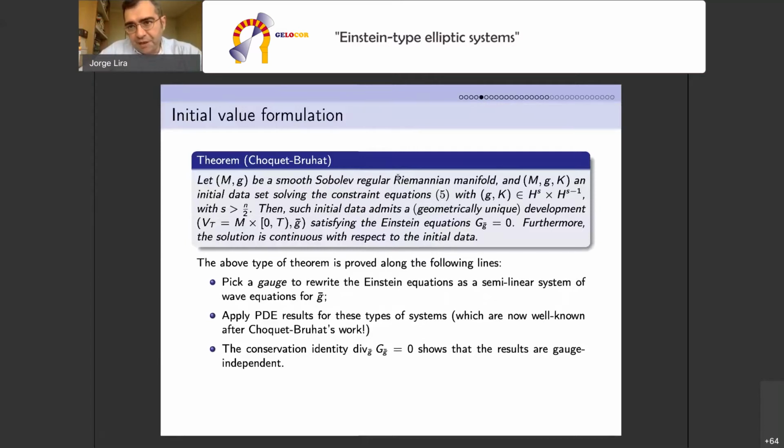If you start with some remaining manifold M, G in some Sobolev class, and if you pick up this data G and K as data that satisfy the constraint equations, then it's possible to solve the dynamical equations, the second order derivative of the metric, say, or the set of dynamic equations in the Einstein field equations. You can solve them if the initial data satisfy the constraint equations. That's the classical result in the context, for instance, of compact remaining manifolds and particular choices of Sobolev spaces.